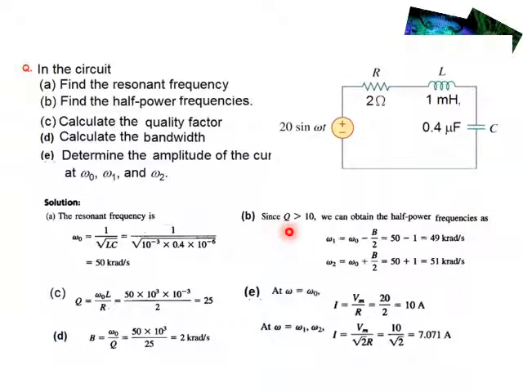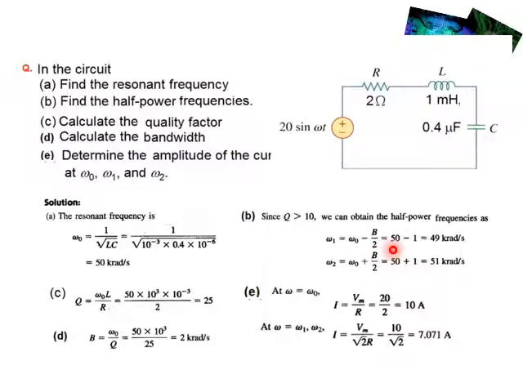Given Q, since Q is larger than 10, we calculate Q as omega naught L over R, equal to 25. So this Q value is more than 10. We can use the approximation equation, which is omega naught minus B over 2 for omega 1, and omega 2 is omega naught plus B over 2.